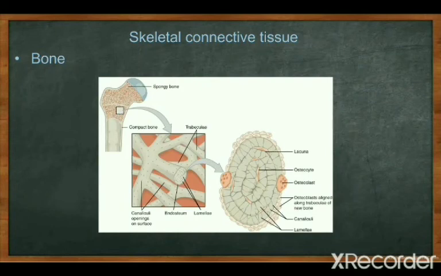It also helps in locomotion, it also helps in movement from one place to another place, it provides surface for the attachment of the muscles. So these are some points about the bone.